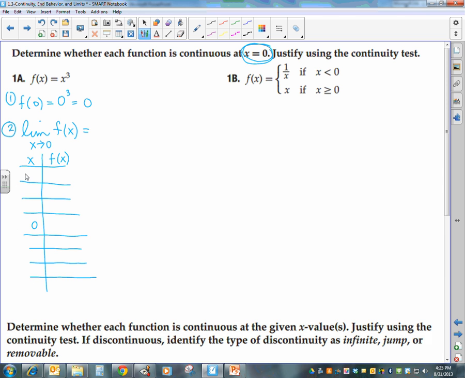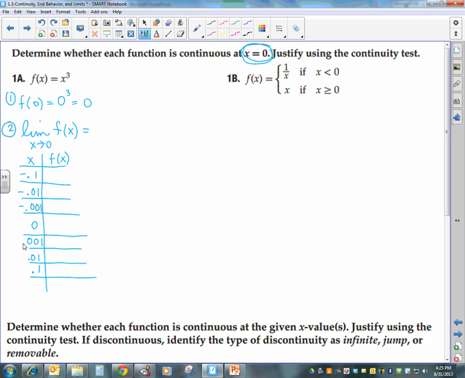Of course, 0.1, 0.01, and 0.001, and negative 0.1, negative 0.01, and negative 0.001.